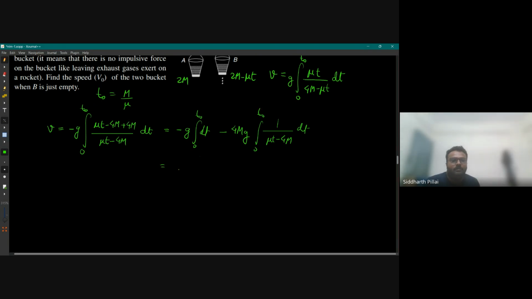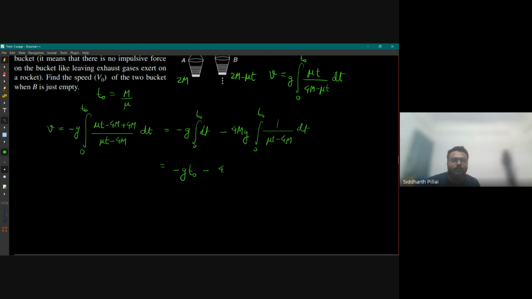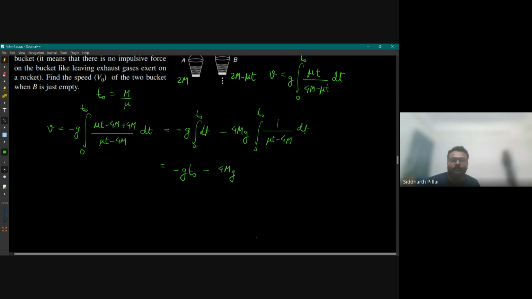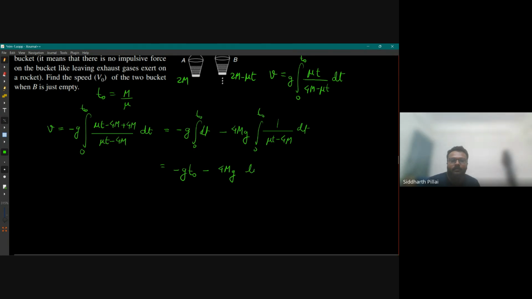So this is equal to minus g t naught minus 4mg times the natural log of mu t minus 4m, but then I have to divide by mu, right?